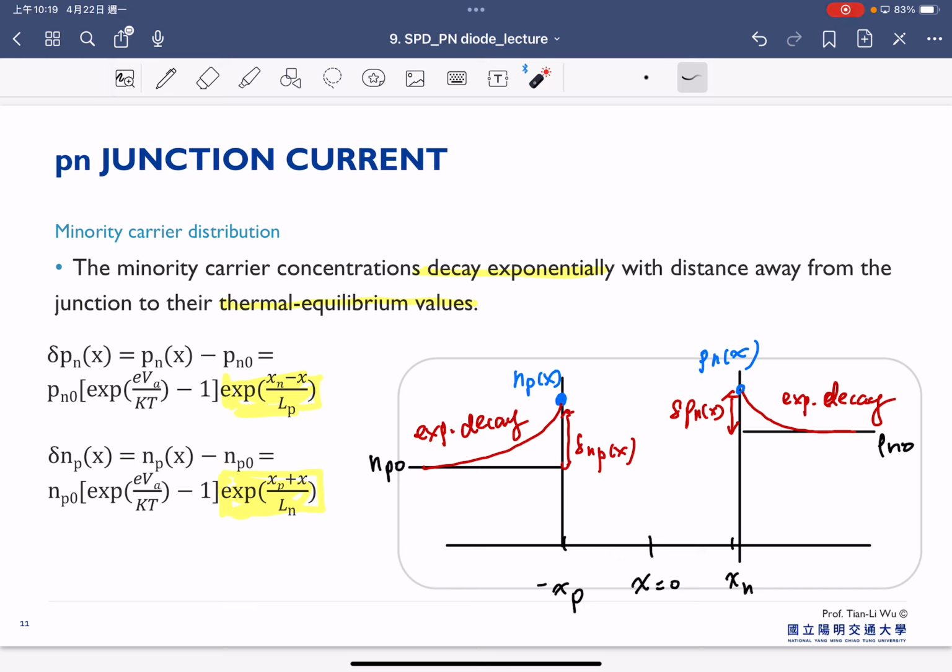Okay, so that's just the first starting point to allow us to understand the minority carrier concentration, the distribution of minority carrier concentration in the N and P region. But now we will be curious how we can further calculate the PN junction current.